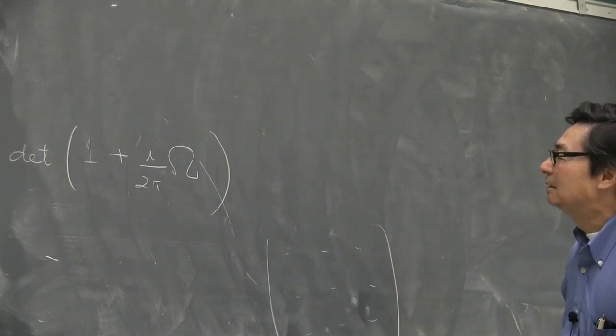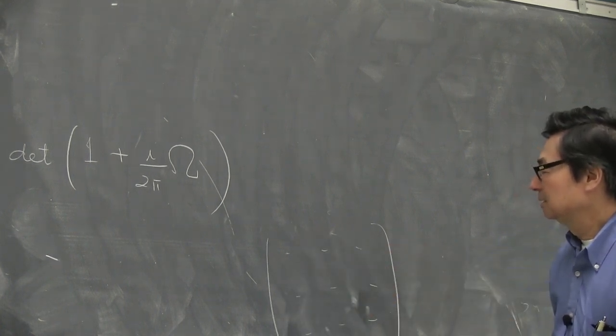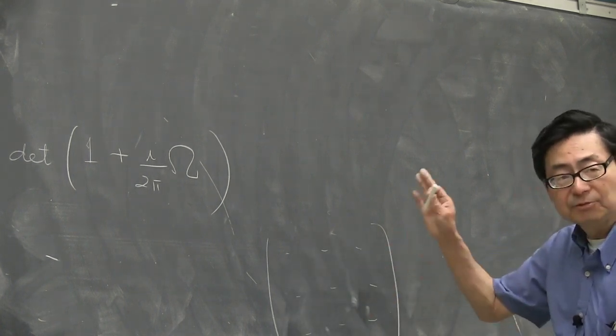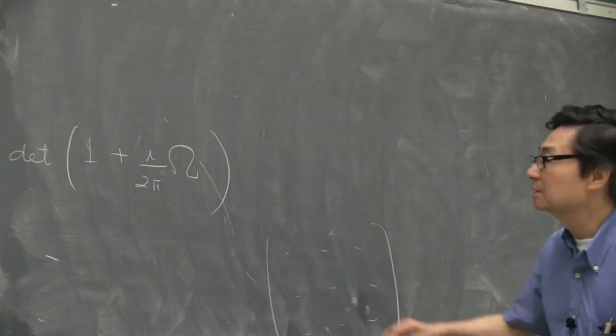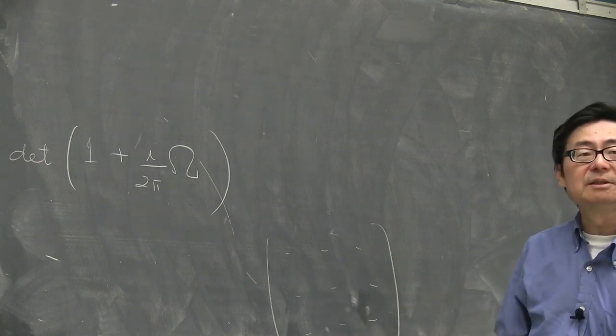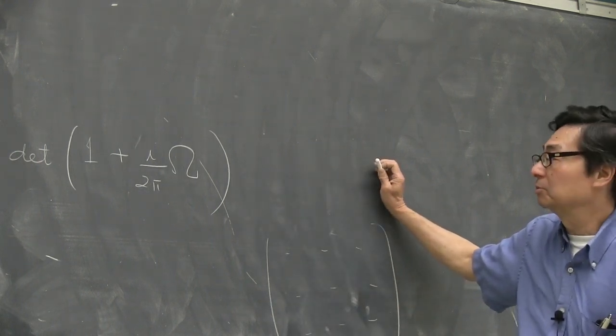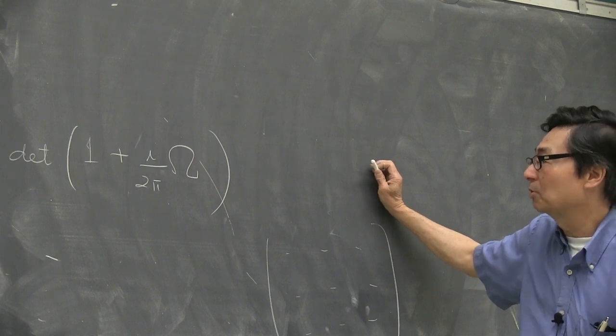Each term in the product would be a 2j form, because this thing itself is already a 2-form. So you multiply some of these things together, and each thing that appears in the expansion would be a 2j form.